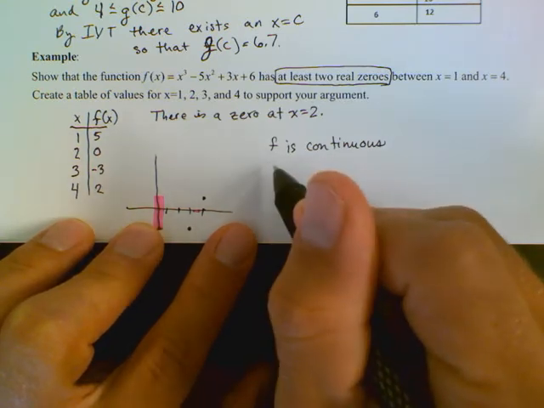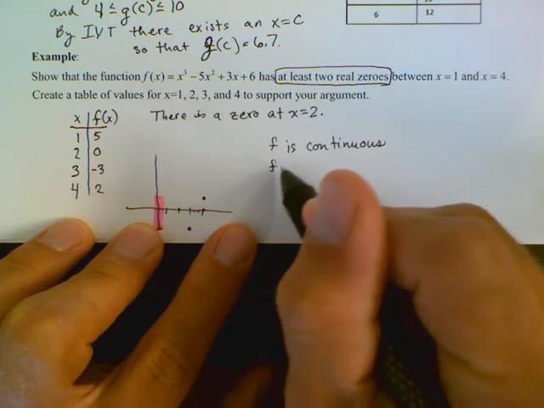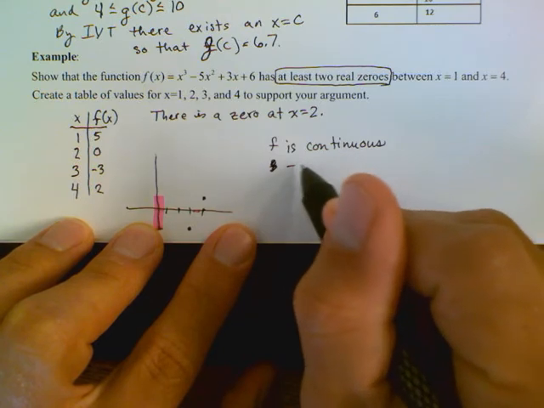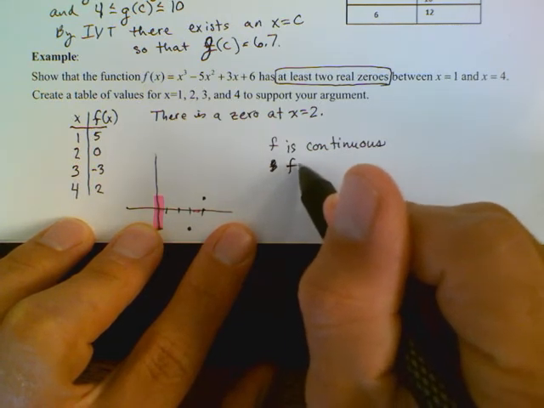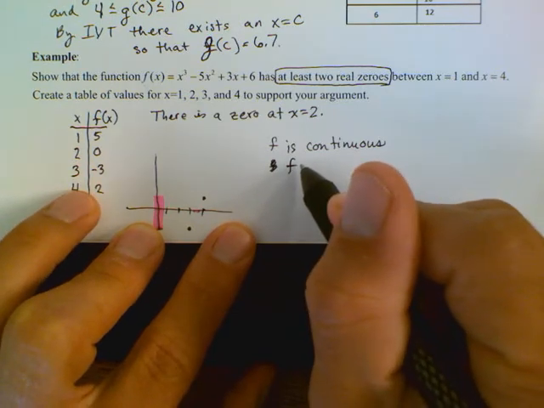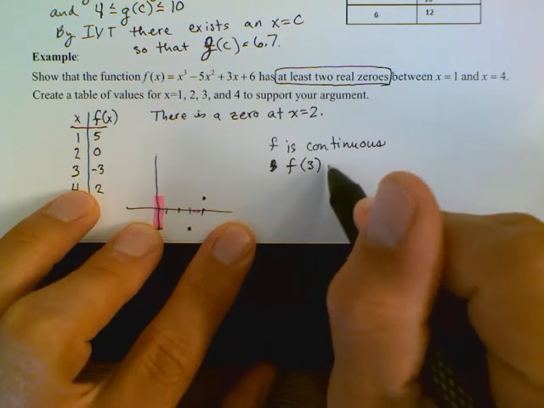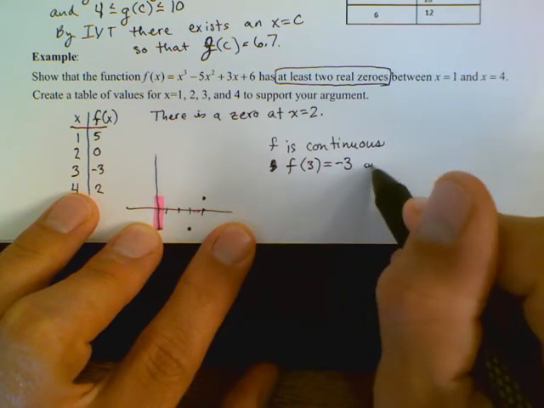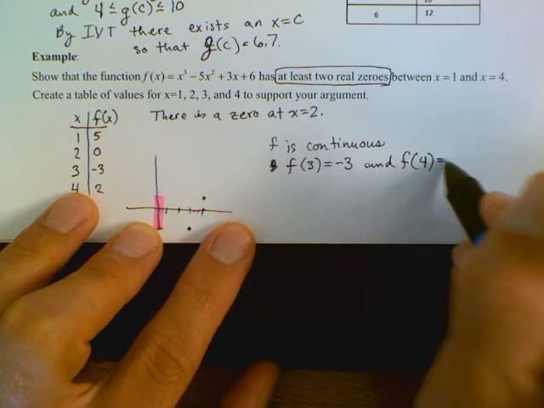And then we're going to say, let's say f of 3 is equal to negative 3, and f of 4 equals 2.